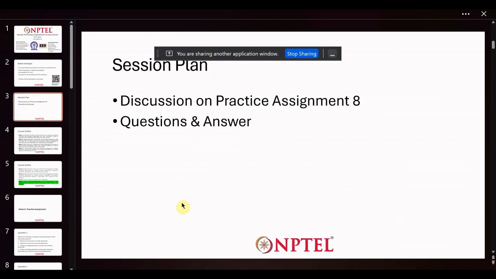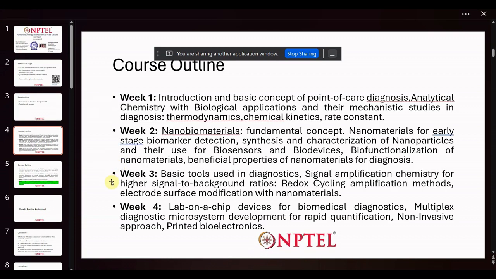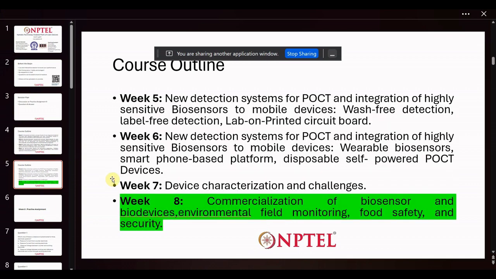So today's session plan is basically we'll be discussing the practice assignment 8 and then we'll be moving to the question and answer session. So let's begin. This is an 8-week course and we are in the final week. This week mainly concerns the commercialization of biosensors and biodevices, environmental field monitoring, food safety and security.